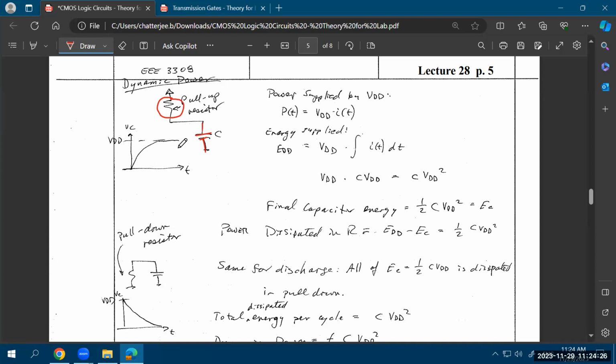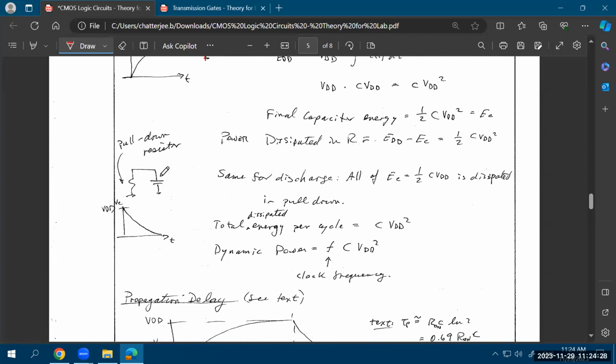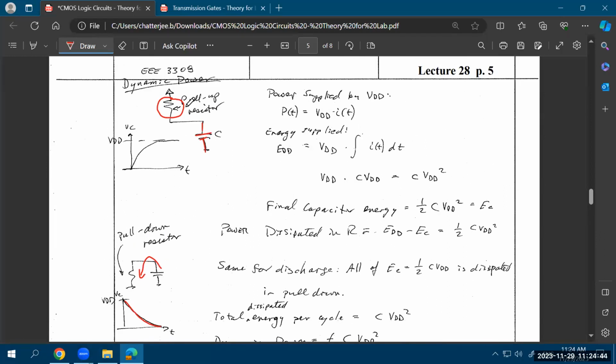It will charge over some time. Similarly, when you're discharging, you're discharging through a resistor. Even though you're discharging through a short-circuited NMOS, that NMOS has a finite resistance, so you cannot discharge instantaneously. The discharge will also take some amount of time. So that's what we are discussing on this page.